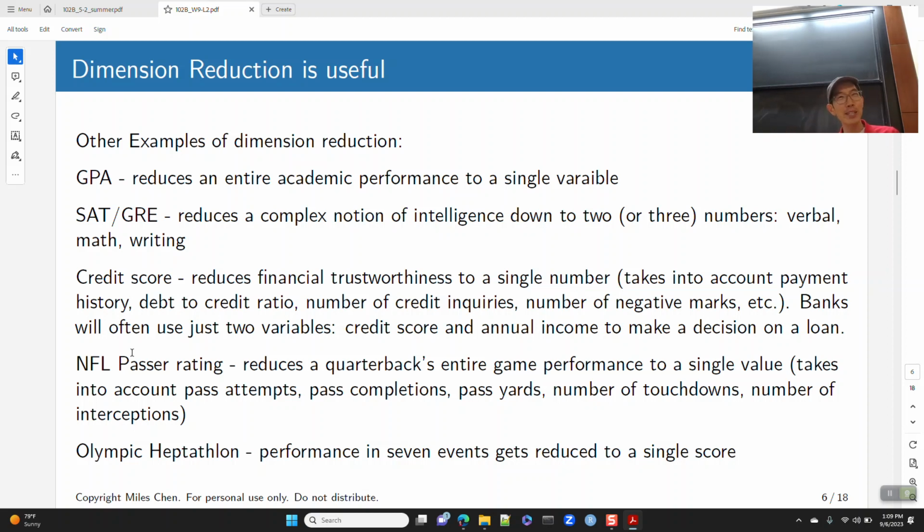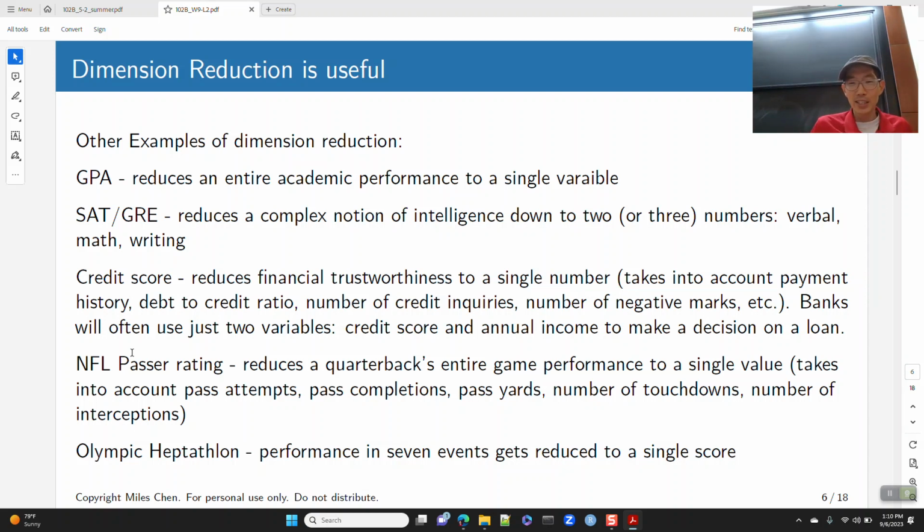There's no longer a writing section, or is there? There's an optional essay. Okay, anyway. So you get these 2 numbers, but dimension reduction can be done even further, where you just add the 2 numbers and get 1 number, and we go, oh, you got a 1510, ooh, great.